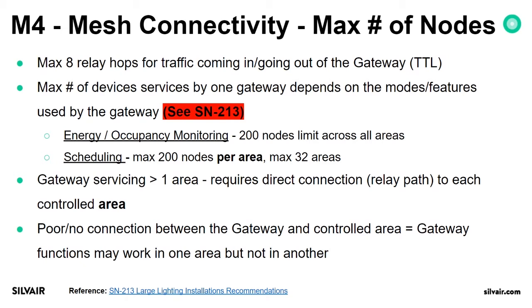So gateway servicing requires a direct connection relay path to each controlled area. So if we have, for example, 2 areas, one is the ground floor, the other is the first floor, you would need a stable connection between those areas through relay.